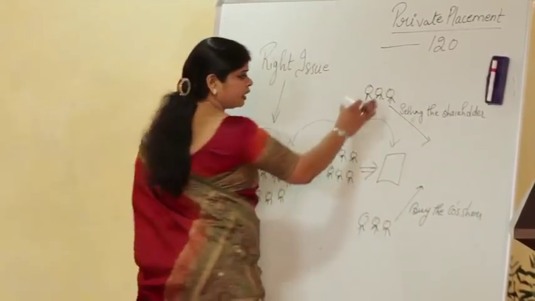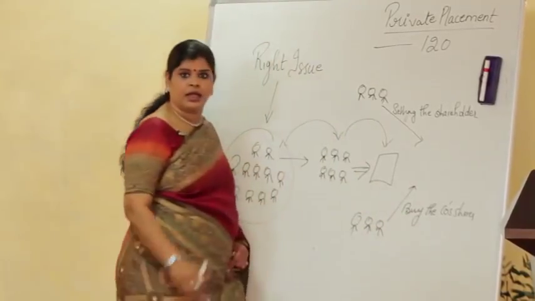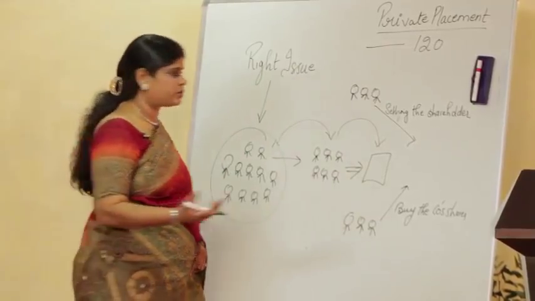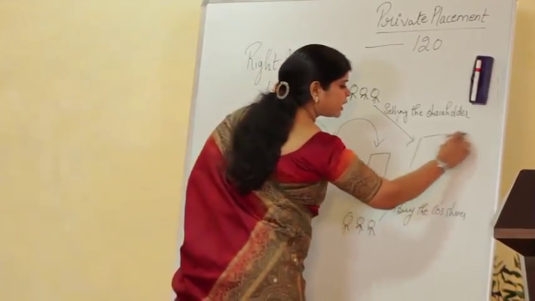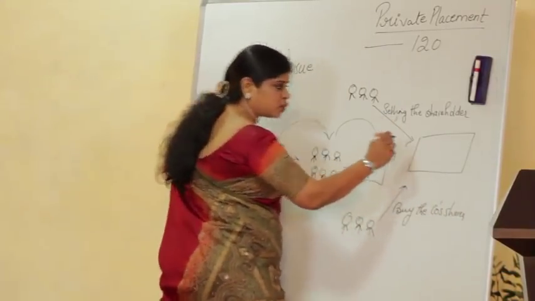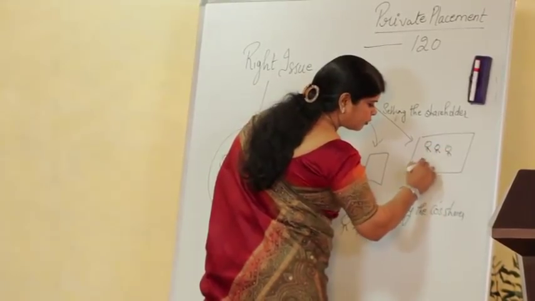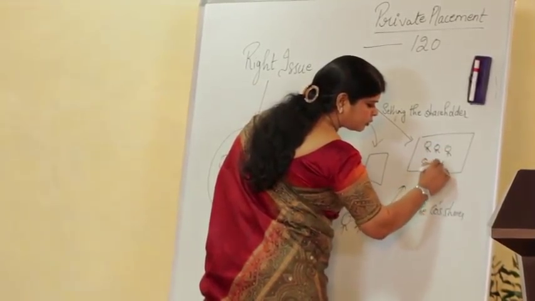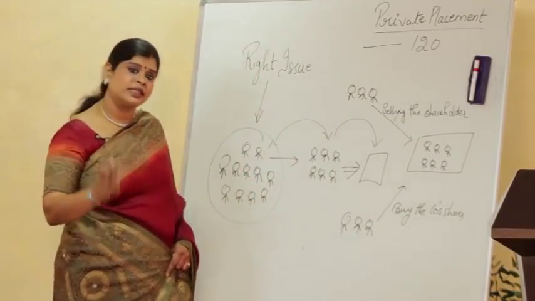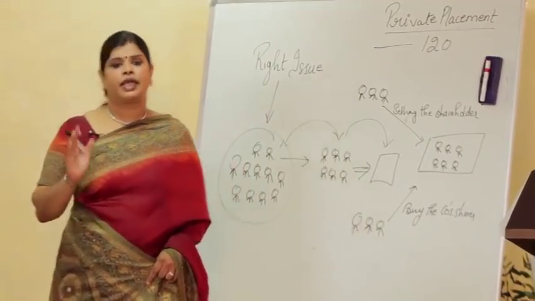Right? So few people are keen to sell, few people are keen to buy. Now there has to be a transaction between these two categories of investors, right? There has to be a platform available for them to come together and do the trade. The trading between the two investors is done through the secondary market.